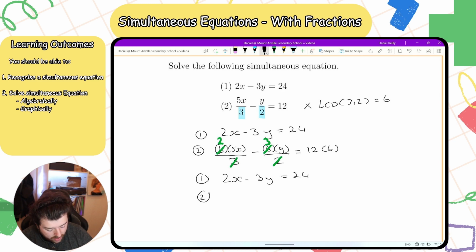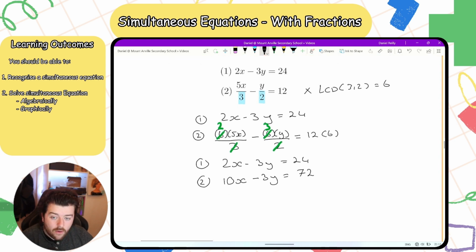So the second equation here, now I got rid of my fractions, is going to be 2 times 5x, which is 10x. Minus 3 times y is minus 3y is equal to 12 times 6, which is 72. Now I have regular old simultaneous equations.